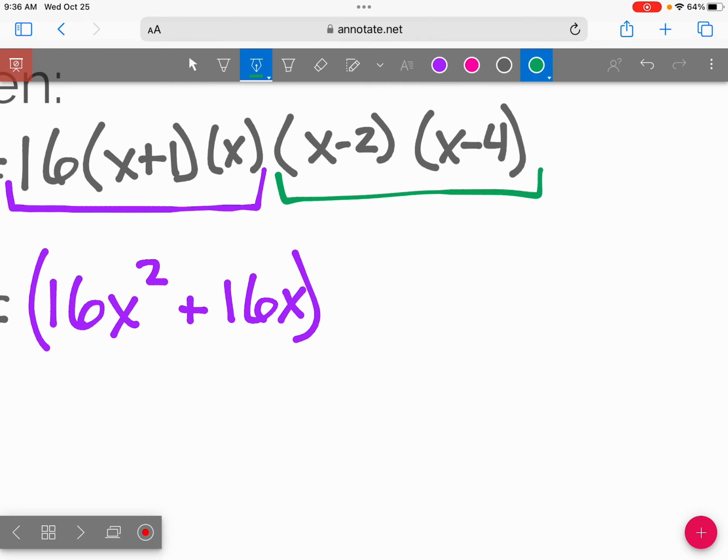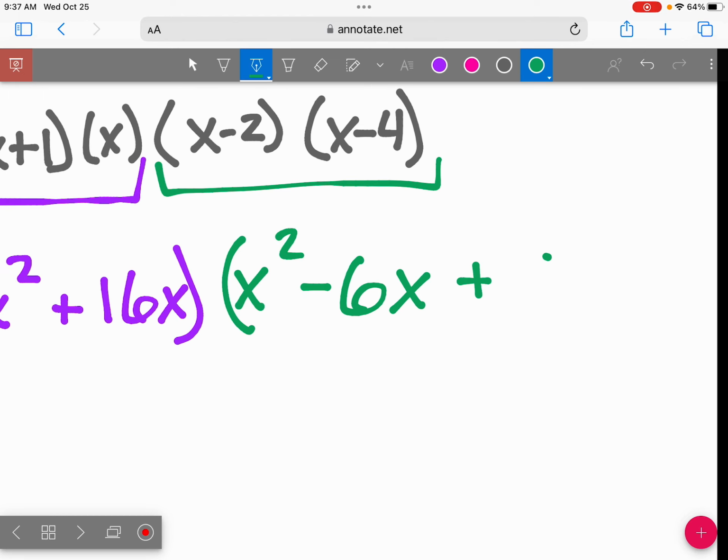And then for my right-hand piece, we have x squared minus 2x minus 4x gives us minus 6x, plus 8.